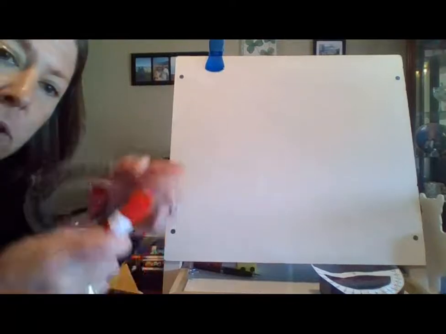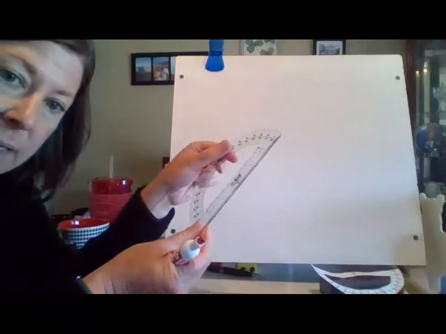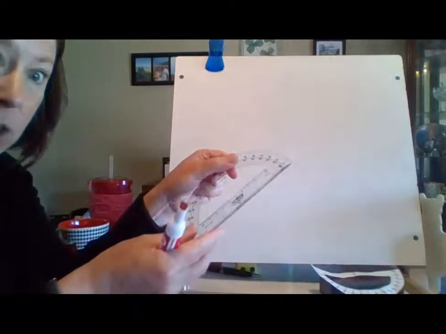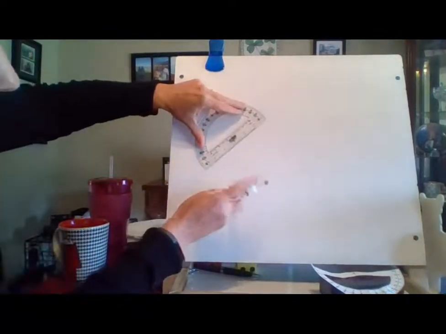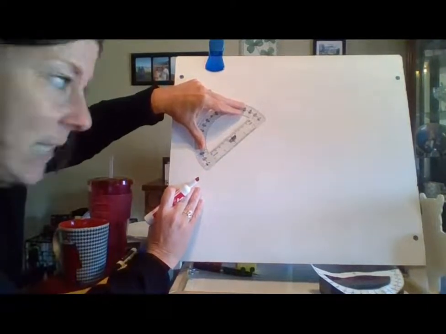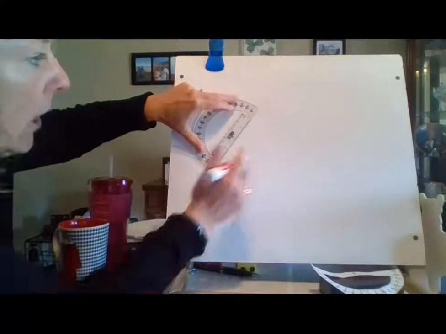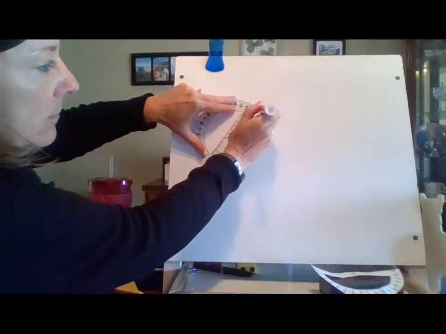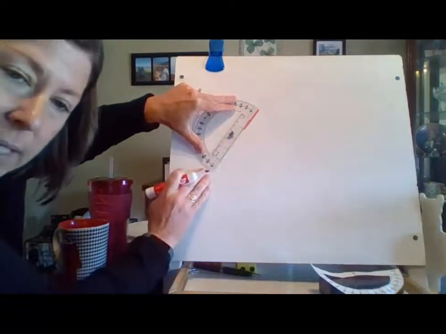The first thing I'm going to do, using my straight edge that has a measurement so I can tell how long it is, is make a segment that is 2 inches long. Okay, 2 inches long.